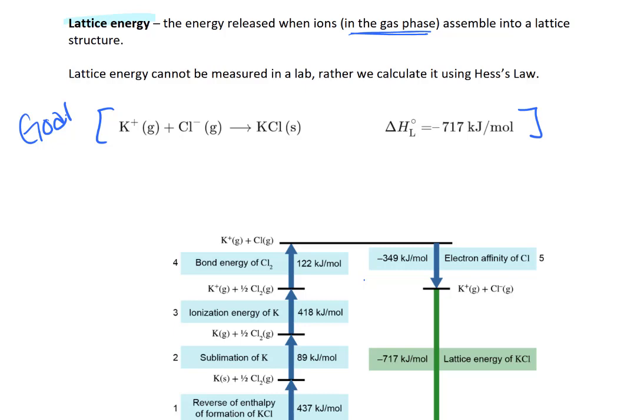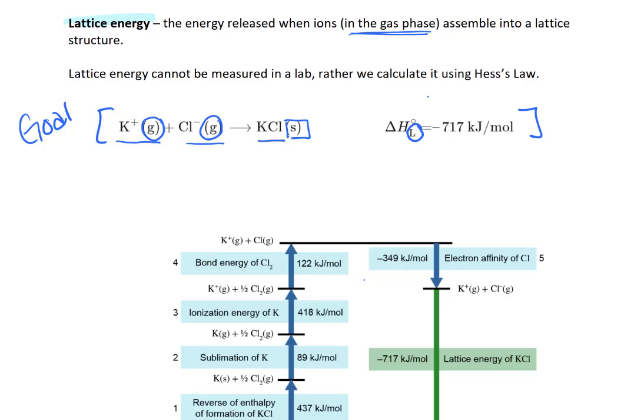So we would be looking for our two ions in gaseous form coming together to form an ionic compound that's a solid. This has a delta H associated with it, and that delta H is going to be the lattice energy, the energy released when this reaction happens. Notice how there's an L here to distinguish that this is a lattice energy.